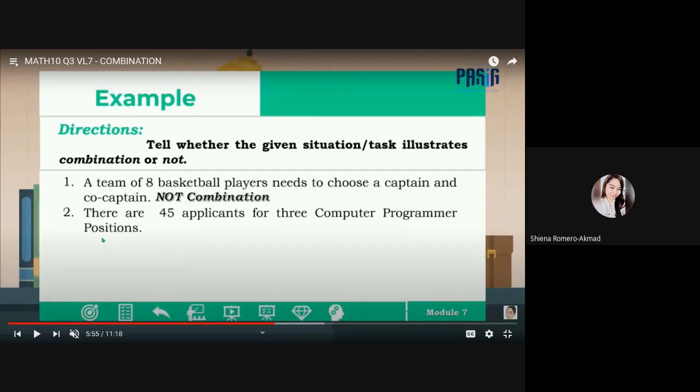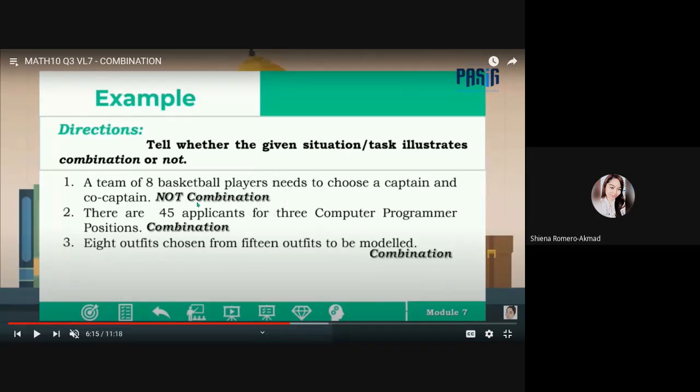So this is combination kasi wala naman tayo alam kung sinong maunang piliin dun sa 45 applicants. Ang importante is we are going to select 3 computer programmers for the given positions. Okay? Number 3, 8 outfits chosen from 15 outfits to be modeled. Combination. Bakit combination? Correct.